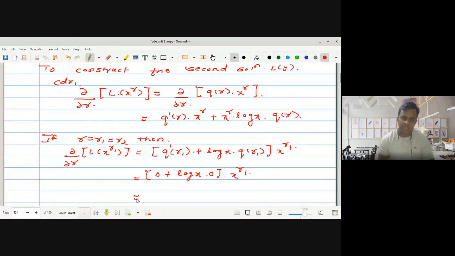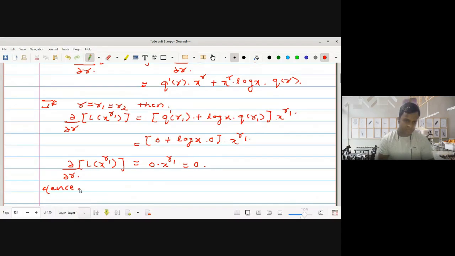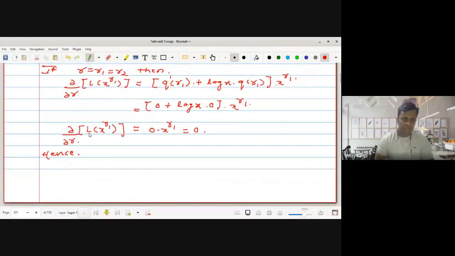So this is equal to dou by dou r of L of x raised to r1, which is equal to 0 into x raised to r1, which is equal to 0. Hence, but L is what?